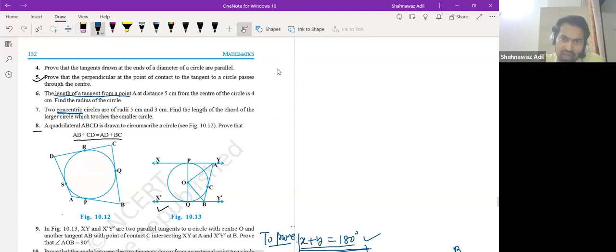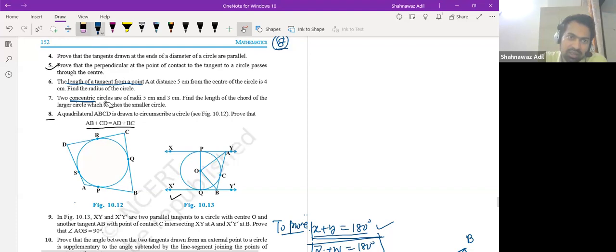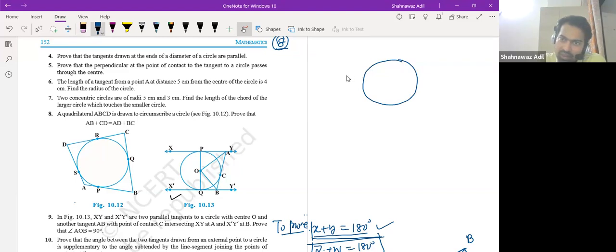Okay, so now coming back to this eighth question. Which one is this eighth question? 10.1, right? So we have this circle, and let us draw the figure.